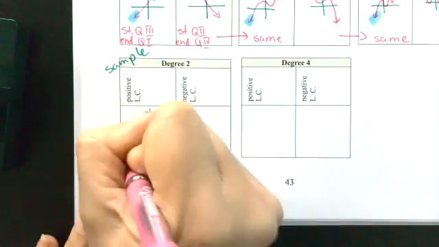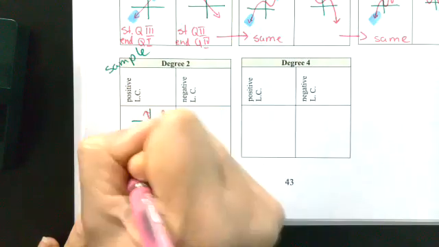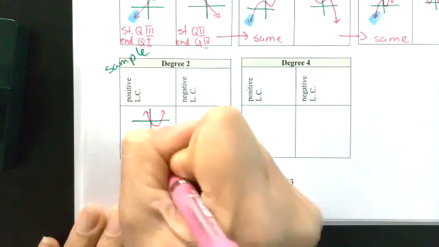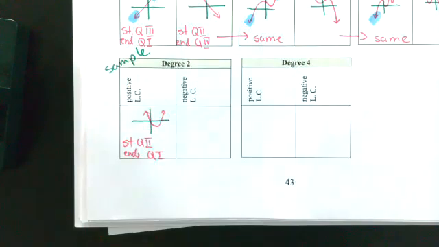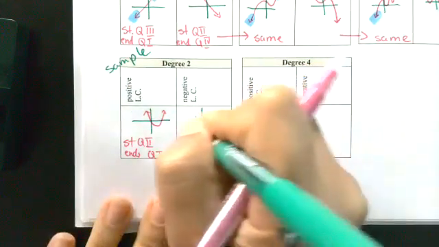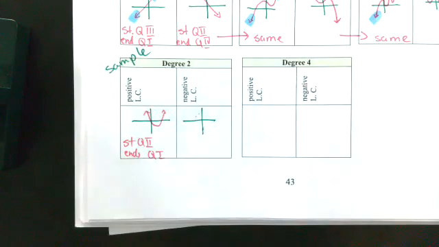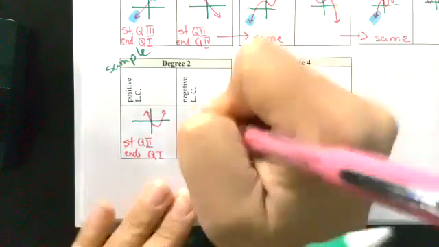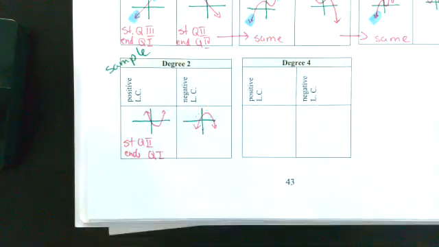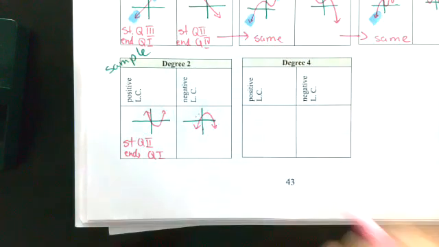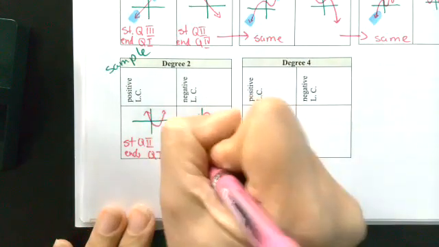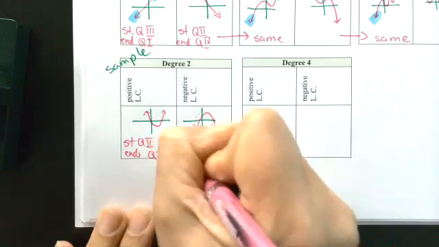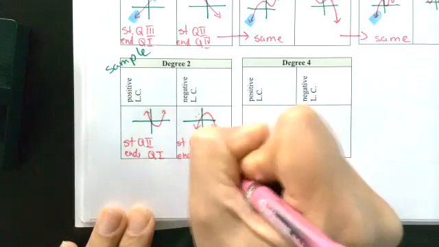So this one starts in quadrant 2, ends in quadrant 1. And the negative leading coefficient equation for quadratic will be a frowning parabola. So starts quadrant 3, ends quadrant 4.